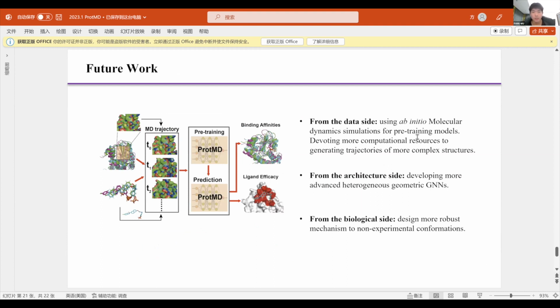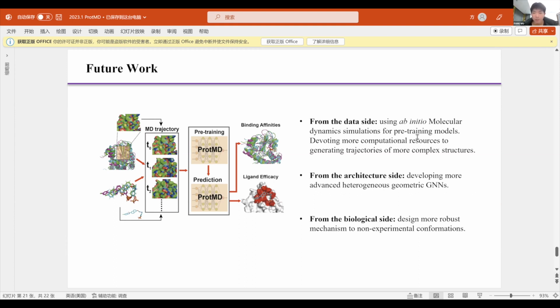Finally, I want to introduce three potential research directions for our future work. First, from the data side, we can use ab initio molecular dynamics simulations for pre-training models, but it will take more computational costs.